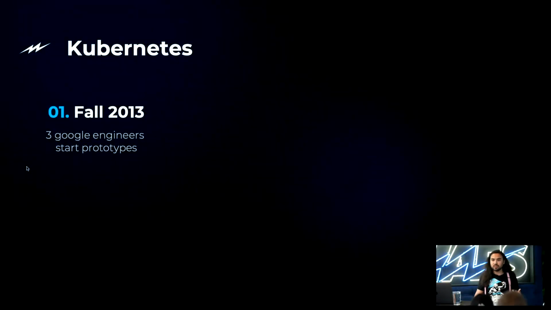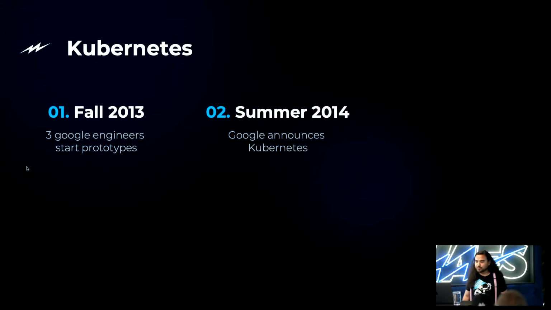Kubernetes is a fairly new project. It started in the fall of 2013 with three amazing Google engineers who were astonished by the power of Docker containers. How are we going to manage Docker containers in production? This was in their heads, and they started to prototype an orchestrator that could handle that at really large scale.